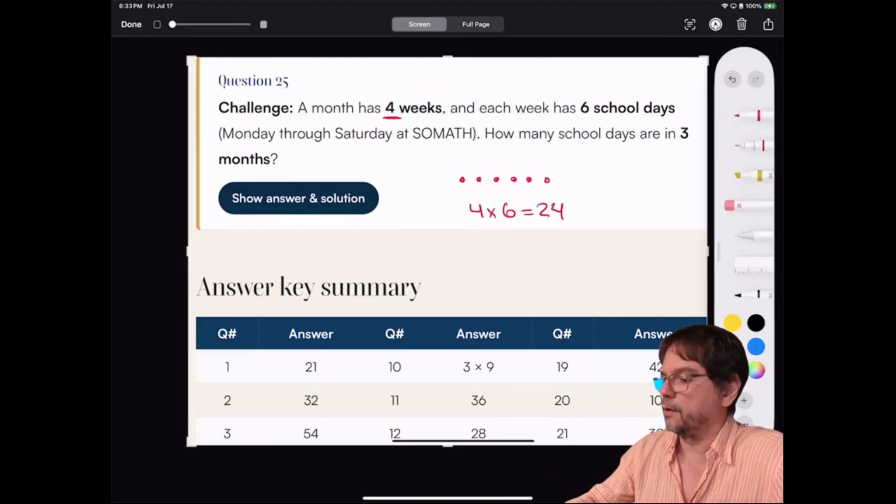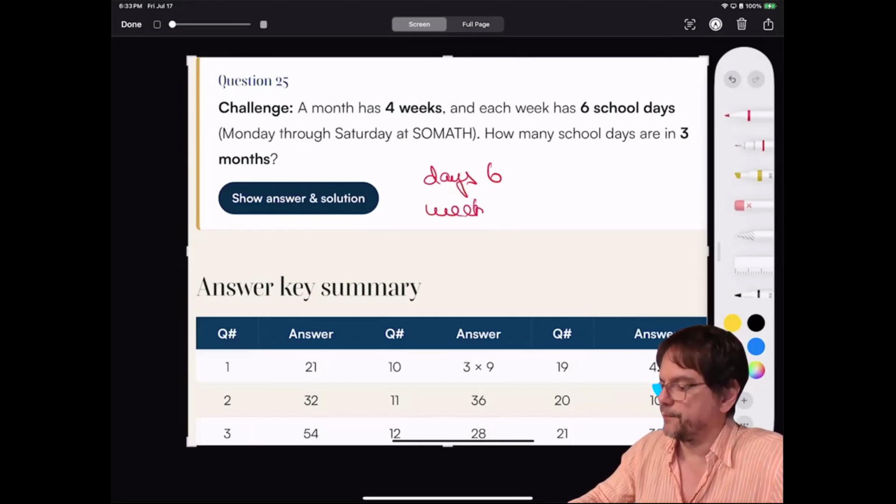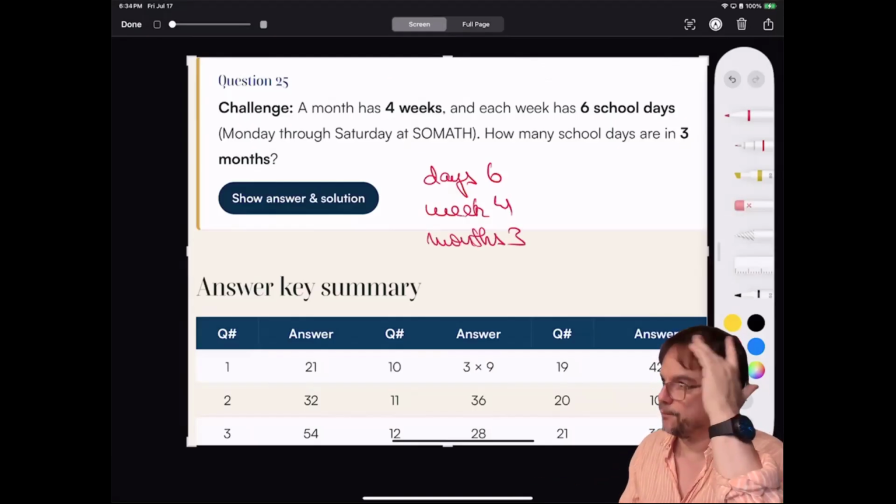Okay, let me put it another way. I have days, 6, weeks, 4, month, 3. Do you agree?